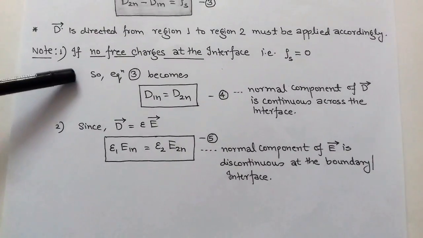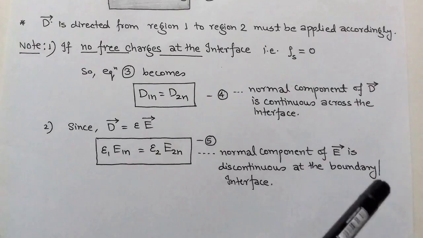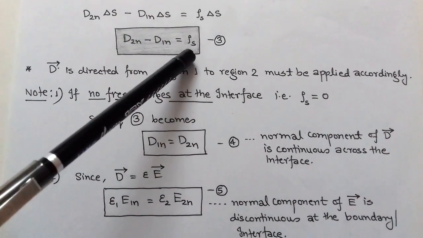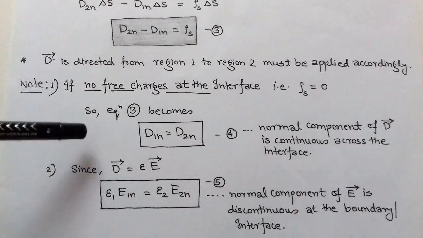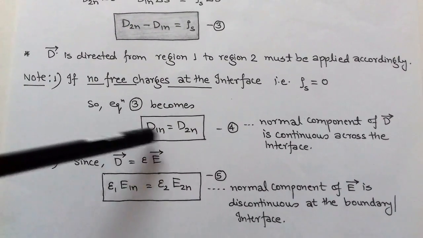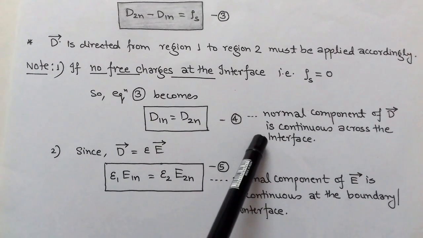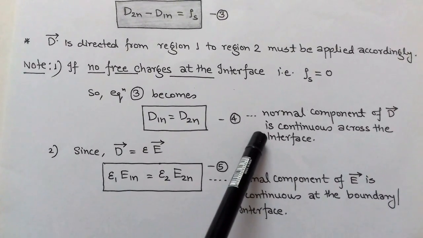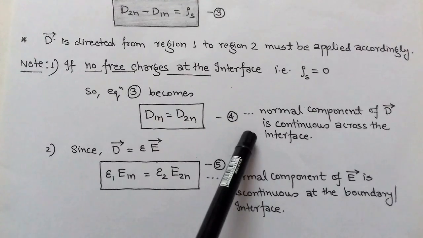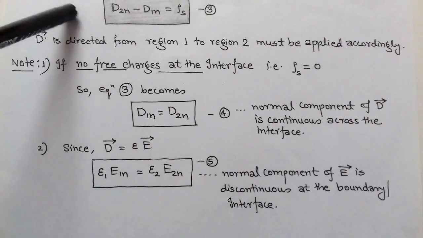Now we note some points. If the surface has no free charge, that is rho s equals to 0, if there is no charge at the boundary, in this case D1n equals to D2n. So in this case, the normal component of electric flux density is continuous across the boundary.